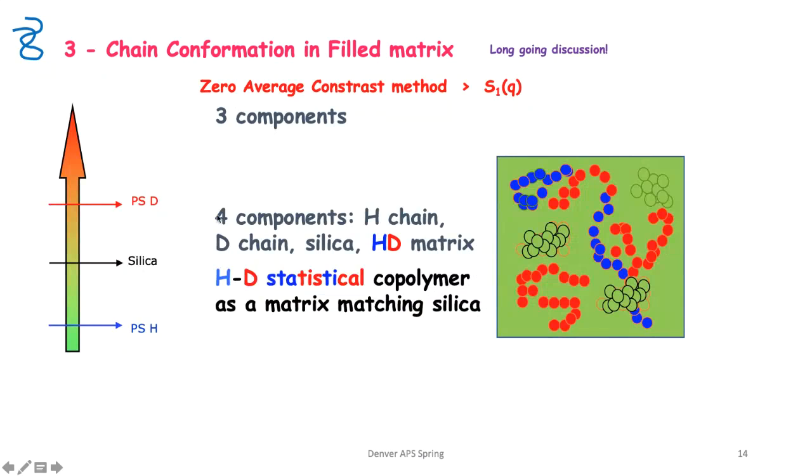And you can also try to attenuate the different complications which could arise by doing more or less the same measurement, but now with 4 components, where the fourth component is a matrix made of some deuterated monomers and some regular monomers, so that you make a statistical copolymer, and this statistical copolymer is made in such a way that you completely match the signal of silica.